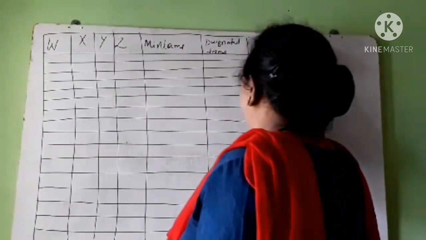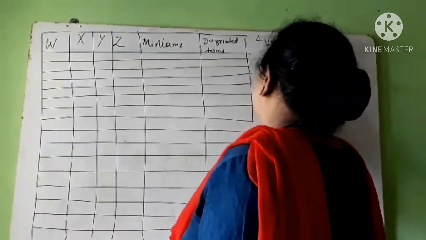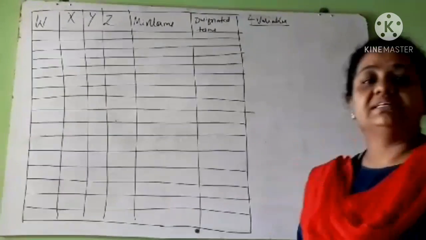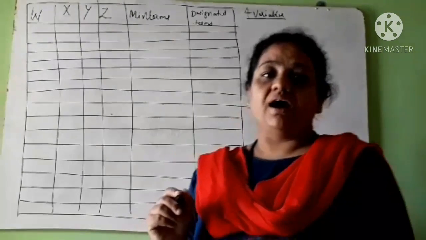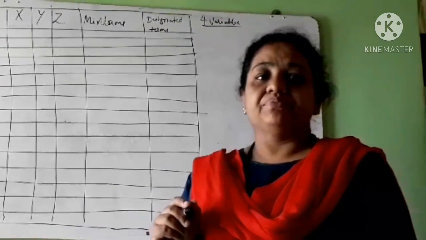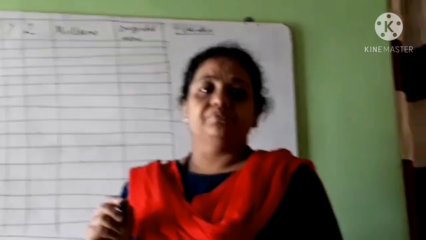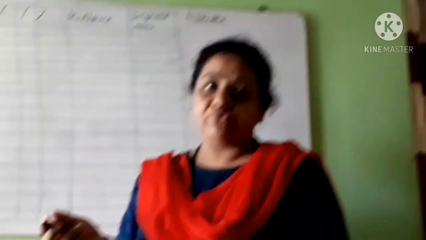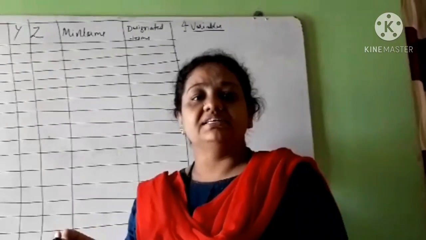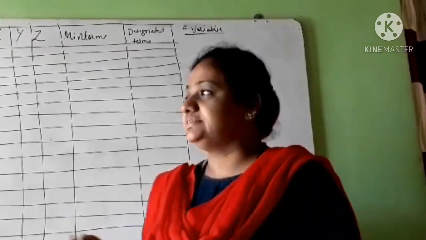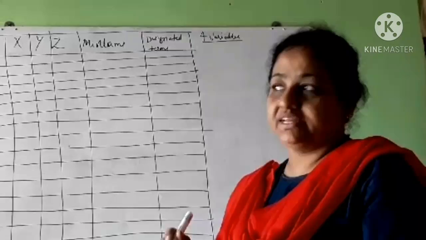There might be a question in your annual exam asking you to construct a truth table for 3 variables or 4 variables with minterms and the designated terms.